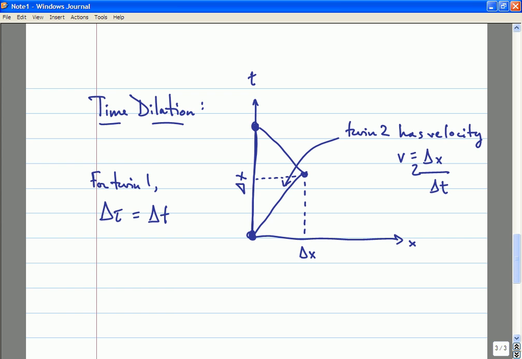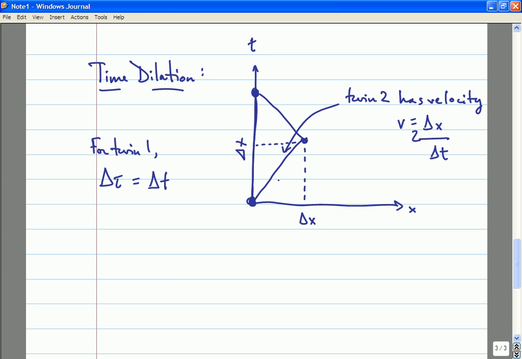So the amount of time that would be elapsed in this interval here, let's call it delta tau 1, so the amount of proper time that would be measured by twin 2 on his or her journey out to Alpha Centauri would be given by delta tau 1 squared, which would be equal to minus delta t over 2 squared plus delta x squared.